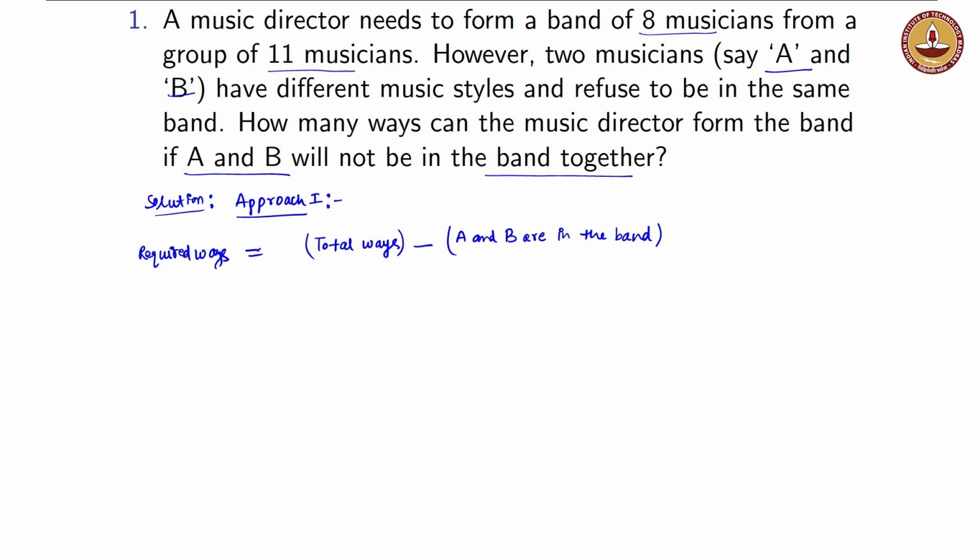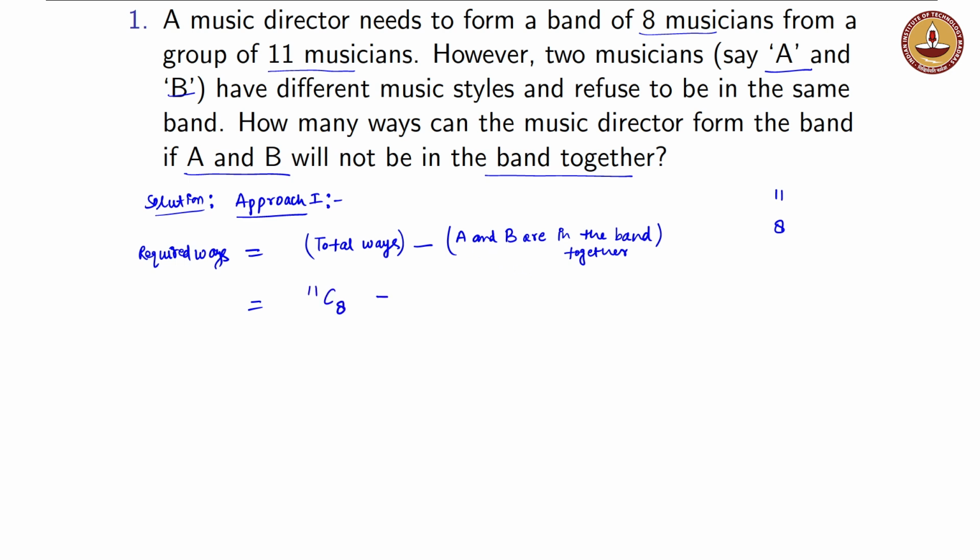We simply see what is the total number of ways and we subtract when A and B are in the band together. There are total 11 musicians and we have to form a band of 8 musicians. We can select 8 people out of 11 in 11C8 ways, minus.